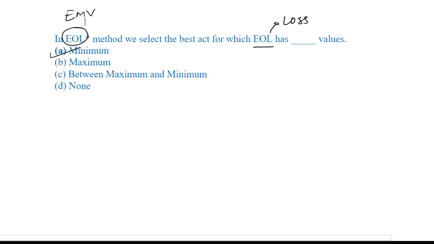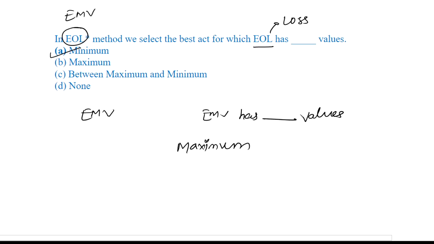When I'm taking EMV, we select the best act for which EMV has dash values. Over here the answer would be maximum. Hope this is clear. For EOL, we want to minimize the loss, and for EMV, we want to maximize the profit. Clear? Okay, let's move on to the next question.